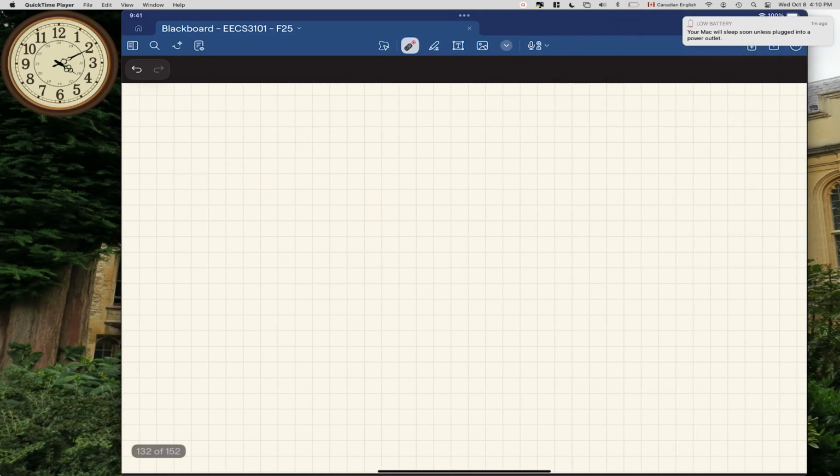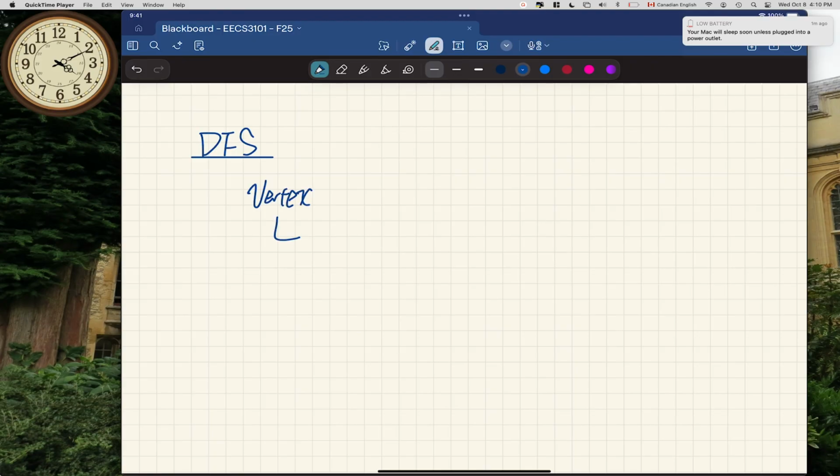Just to summarize quickly, okay? So when we talk about depth first search, DFS, and we say that each vertex is either unvisited or it is visited. Only these 2 possible states for the vertex.